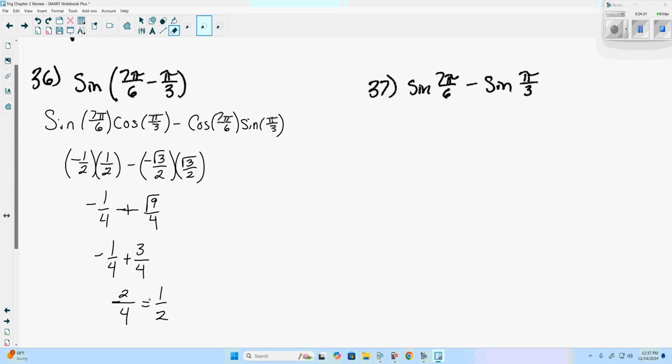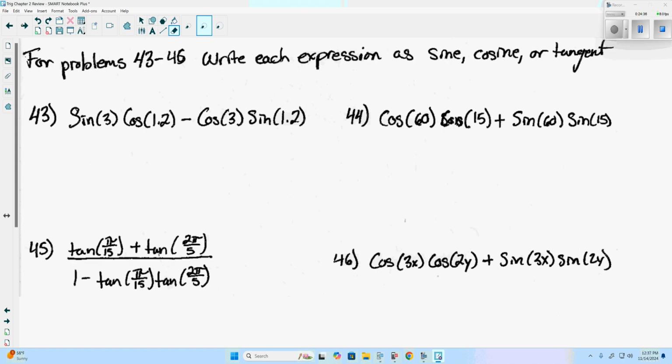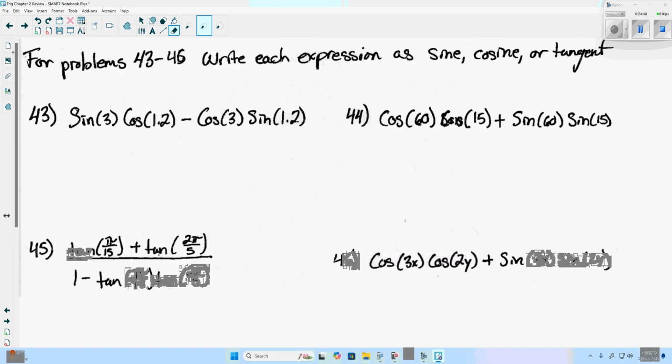If it has pi, it's radians. I think for most of those, I did put a degree. If there's no pi, it's degrees. I think we feel good up to 42, yes? 43 through 46. One of these that we want to look at.